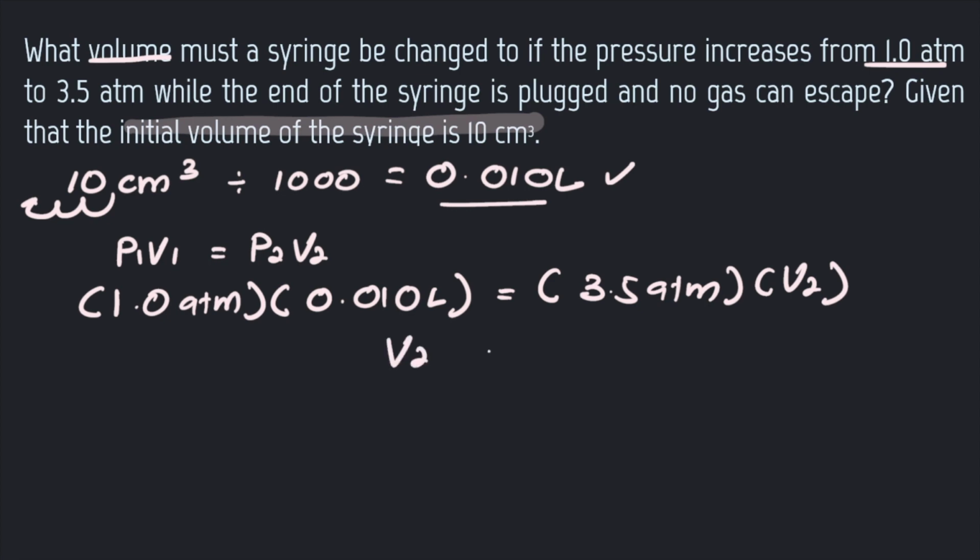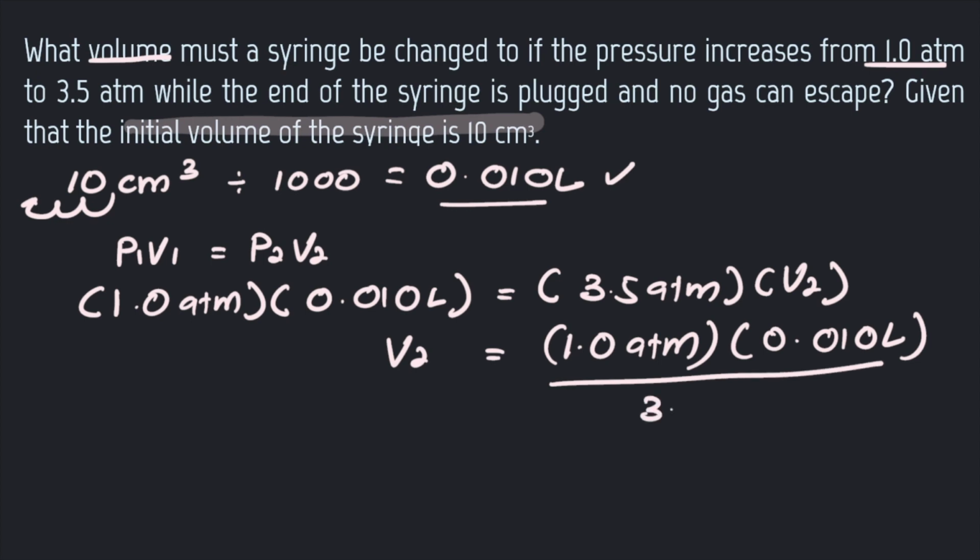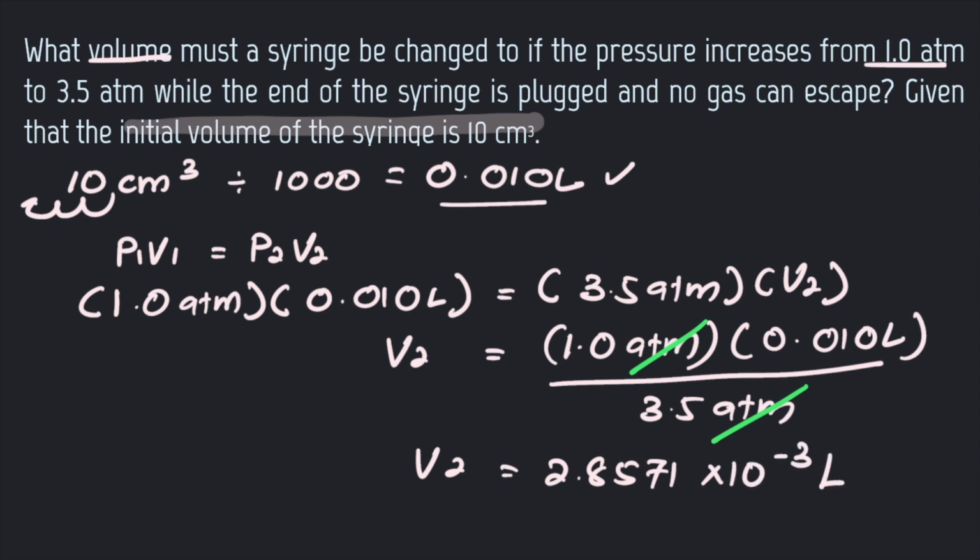Therefore, your V2 is equivalent to 1.0 atm times 0.010 liter divided by 3.5 atm. From here you can slash out the unit, and then you will get your V2 is equivalent to 2.8571 times 10 to the power of negative 3 liter.